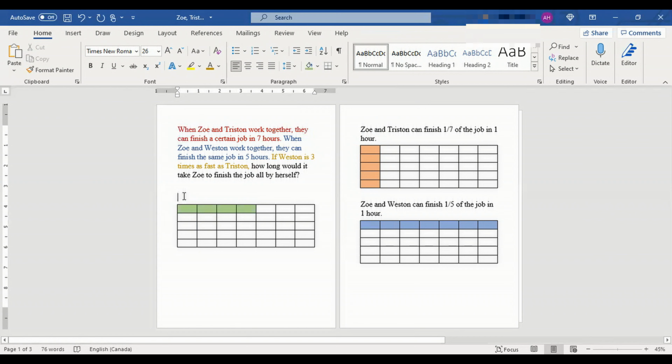So we have the green shaded section representing Zoe's 4 cells per hour. So now we'll just see how long it'll take Zoe to finish the whole job.